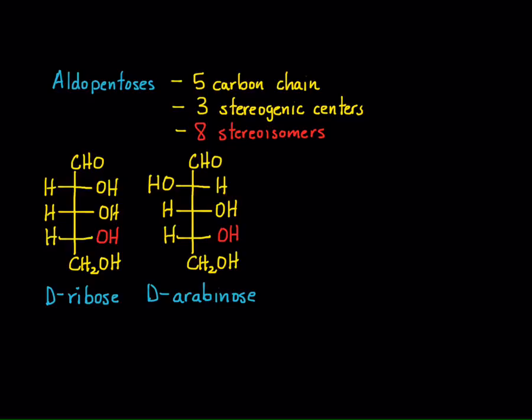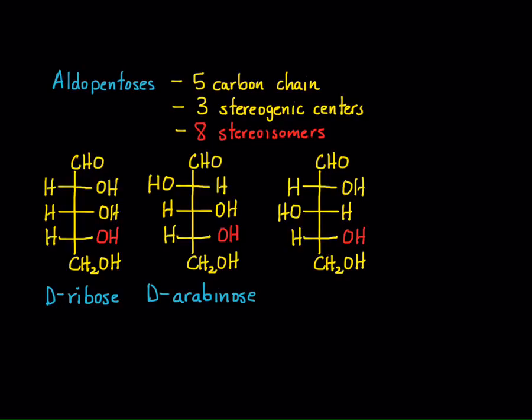So now I can draw another one where the middle carbon has its OH on the left-hand side. Again, notice aldehyde on top, CH2OH on the bottom. The configurational carbon has its OH on the right. The middle carbon now has its OH on the left. And then I've put the top carbon with OH on the right.